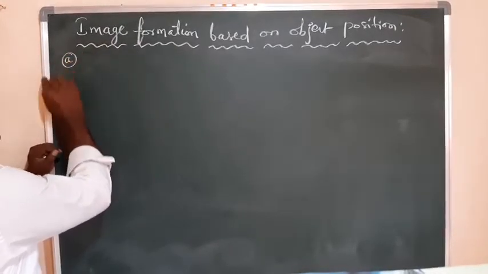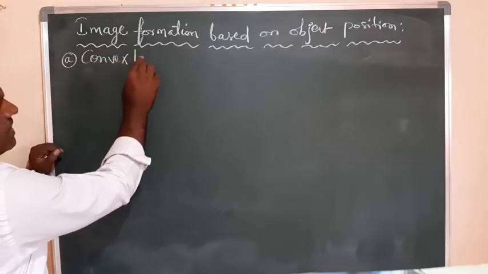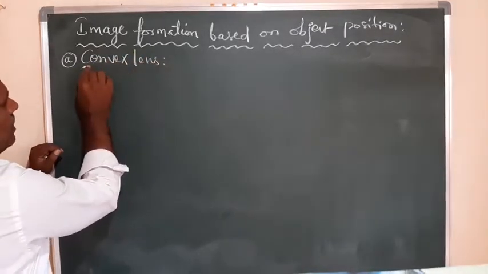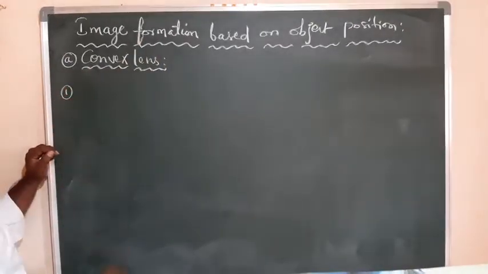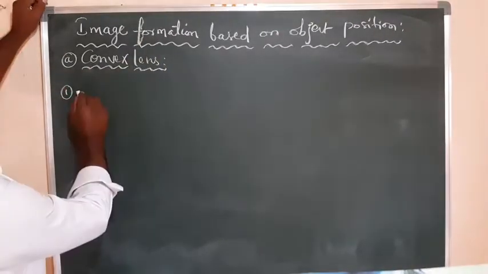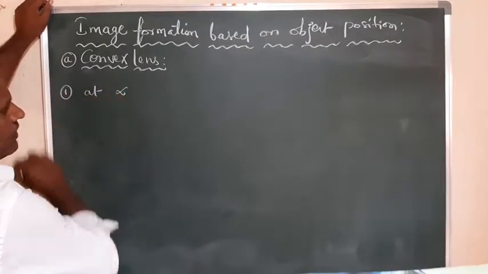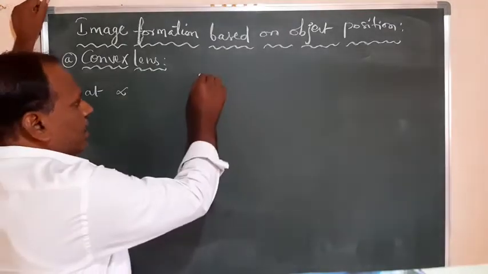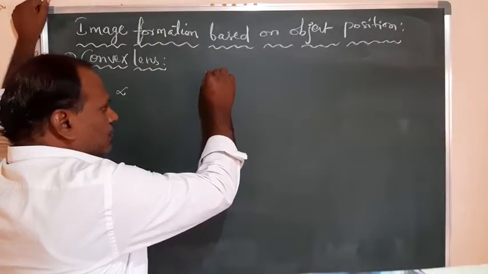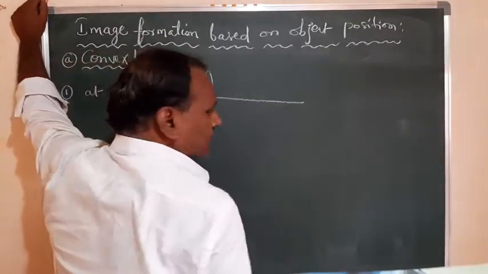For the convex lens, how do we get these image formations? In the first case, the object is at infinity. How do we get the image formation for a convex lens when the object is placed at infinity?